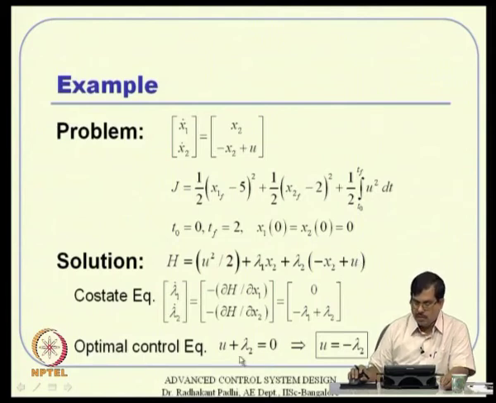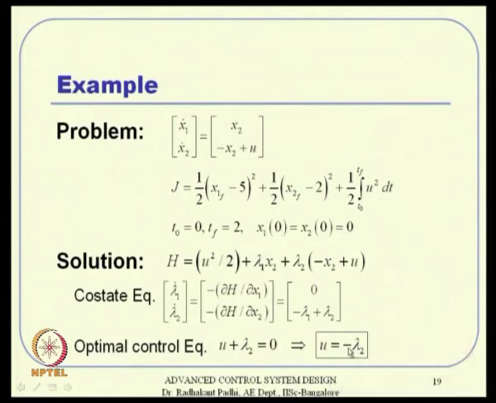So, u plus lambda 2 is equal to 0, and hence u equals minus lambda 2. Ultimately, if we get lambda 2 somehow, then our optimal control solution is there with us. We will see now that getting that lambda 2 solution can be exhaustive. In other words, you may require a lot of algebra to get this lambda 2.